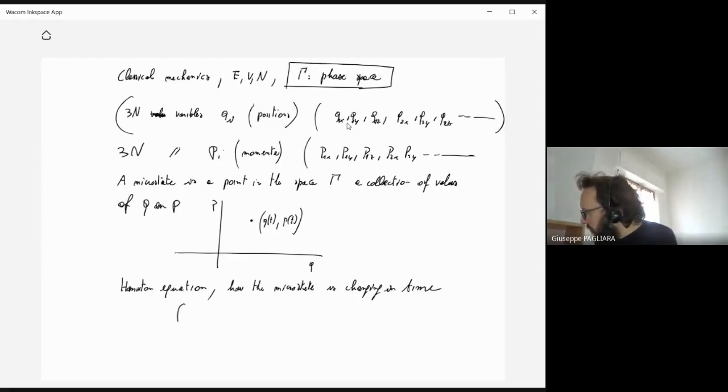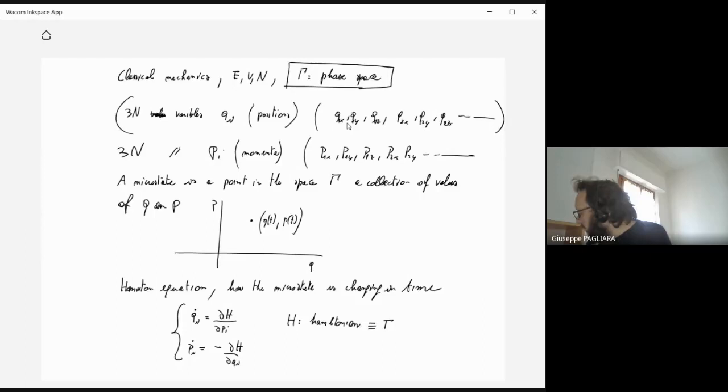And this is basically a system of equations, which is the following. Qi dot is the partial derivative of the Hamiltonian with respect to Pi, and Pi dot is minus the derivative of the Hamiltonian with respect to Qi, where H is the Hamiltonian, which is actually coincident with the total energy for a classical system.